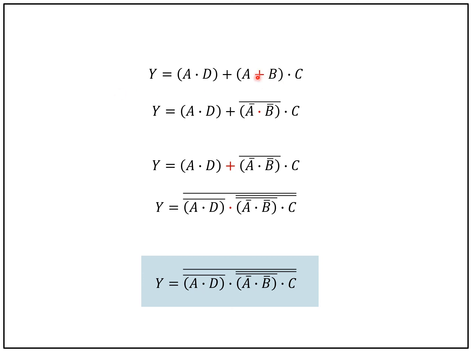So first of all, we want to replace the OR gate here with an AND gate. Notice how each one of the two variables was inverted. The OR becomes an AND, then the whole expression was also inverted. Then we consider the other OR logic and we want to turn it into an AND.